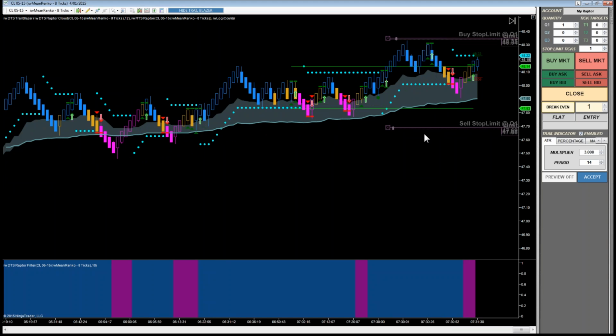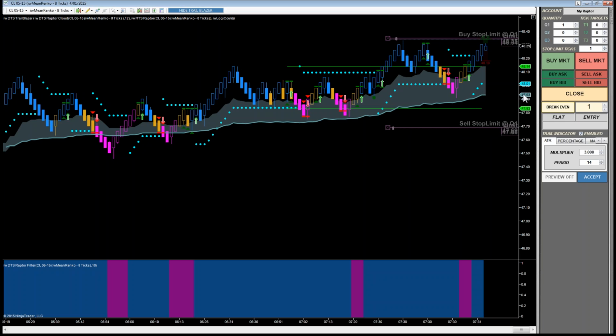The reason for that stop limit order is to reduce the slippage. I got slipped on this entry here. We got slipped about 4 or 5 ticks, which was annoying. And we'll give that just a moment still.